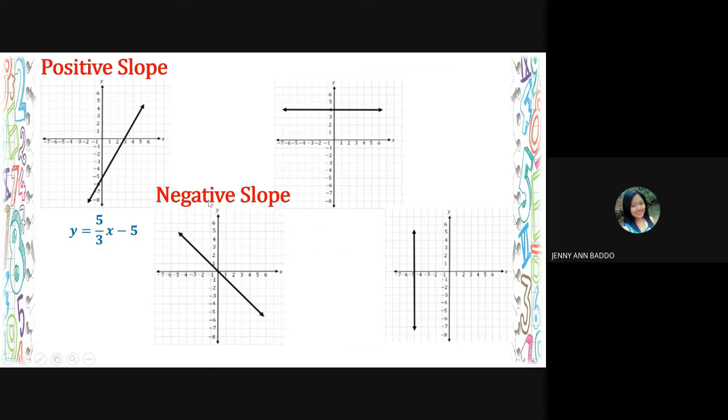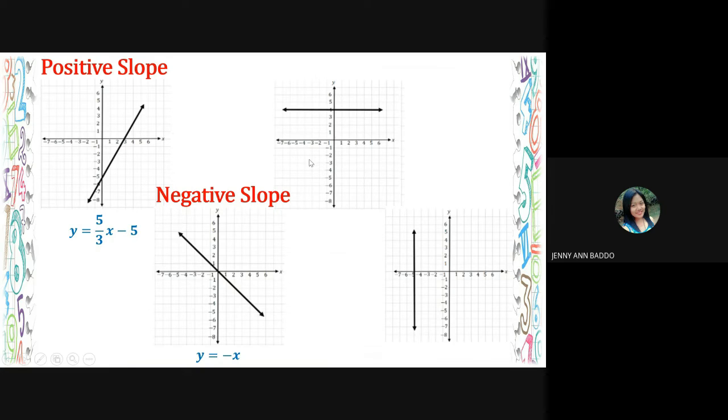Since it's a negative slope, then we have negative 1. For the y-intercept, we simply have to look at the y-axis and determine which part of the y-axis the graph touches or passes through. So it's at the point of origin. It's 0. So we have y equals negative x plus 0, or simply y equals negative x.